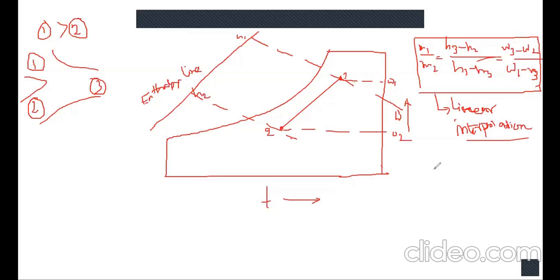Linear interpolation means, in our mathematics, y minus y1 by y2 minus y1 equals x minus x1 by x2 minus x1.